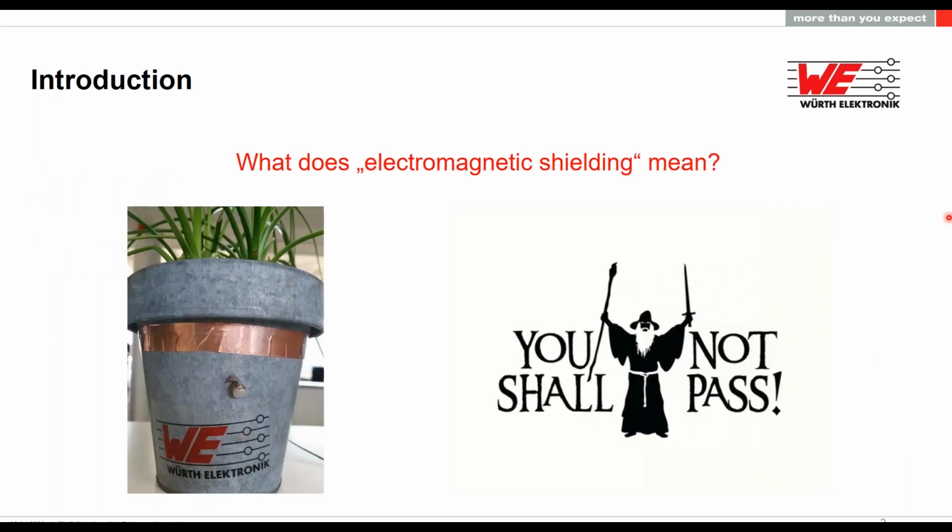So what does electromagnetic shielding mean? Basically, it means to place a protection or a shield between our device and external noises. It can also mean to protect some parts of our device against other parts of our device.